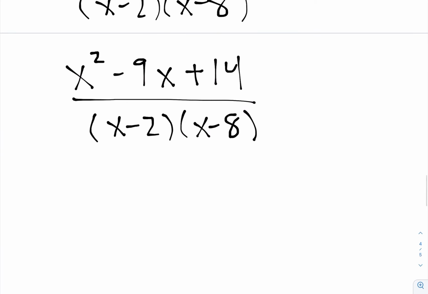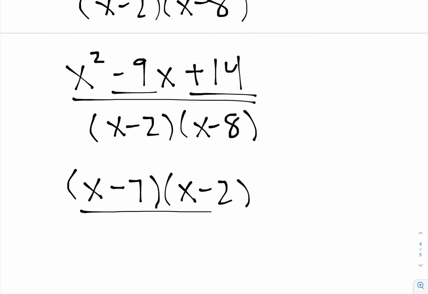Okay, next thing, two numbers multiply to 14 and add to negative 9. Right now we're just factoring, so we can kind of cross some stuff out. So that's going to be two negative numbers. So it's going to be negative 7 and negative 2, right? Because those add to negative 9, multiply to positive 14. x minus 2 over x minus 8.